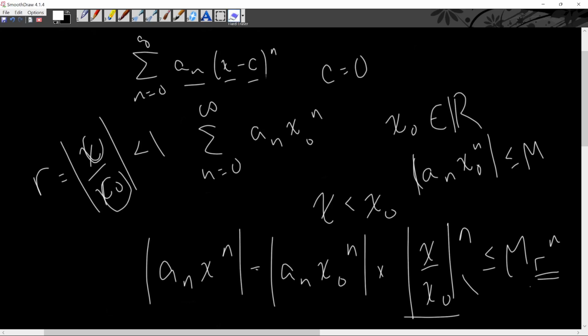Comparing the power series that we have with, again, this is a geometric series, right? You have an a, you have a common ratio r, and you are raising it to the nth power.